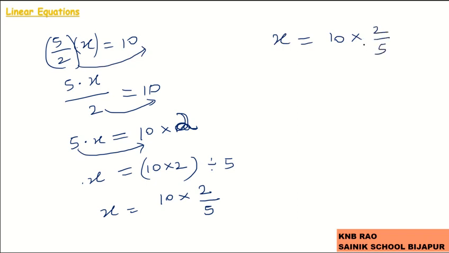Reciprocal is nothing but making the denominator as numerator and numerator as denominator. Now the value of x is 10 2s are 20 by 5, or on cancellation we will get 4.